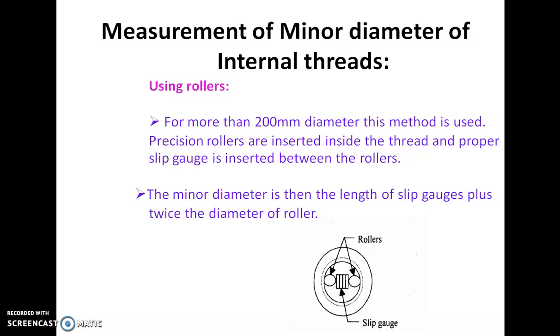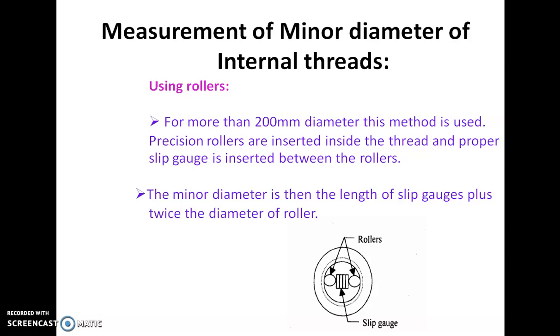Then another method is the roller method. Not only rollers, slip gauges are also used. So two such rollers are used. The minor diameter is equal to the diameter of the two rollers plus the thickness of the slip gauges. For more than 200 mm diameter, this method is used; for less than 200 mm diameter, taper parallels are used.